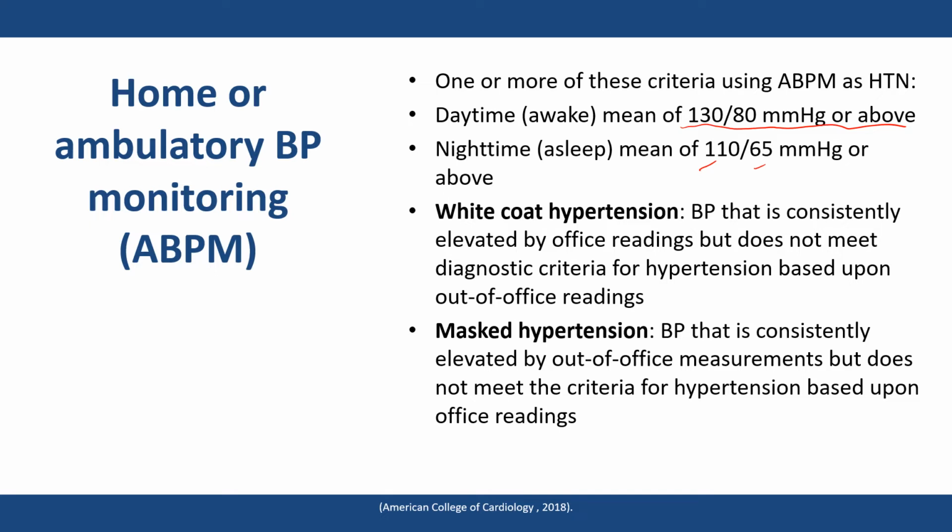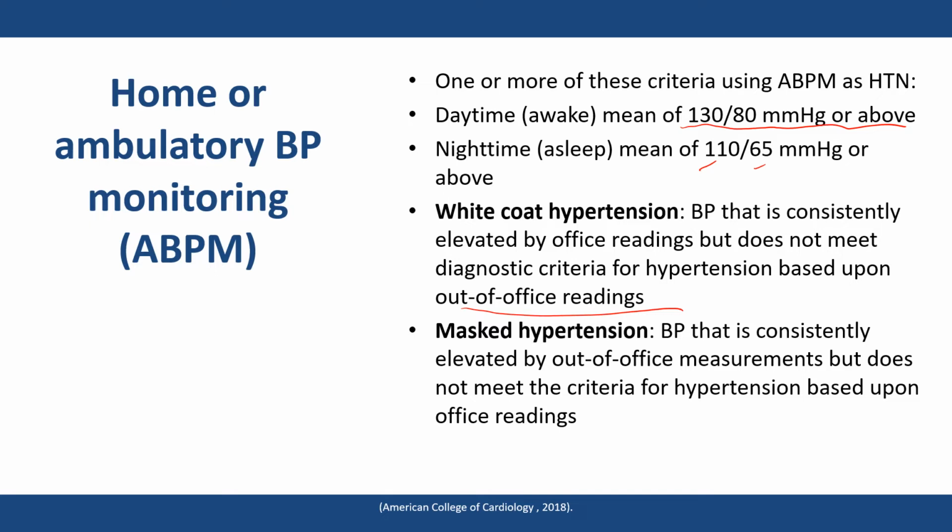Now, the reason we do that is, number one, it's never a good idea to diagnose based on one number. Also, we have a concept of white coat hypertension, where blood pressure is consistently elevated by the office reading but does not meet the diagnostic criteria for hypertension based on out of office readings. In other words, at home blood pressure is okay, but in the office it's high. Why would you ever treat based on just one number that is higher in the office when the patient is okay at home?